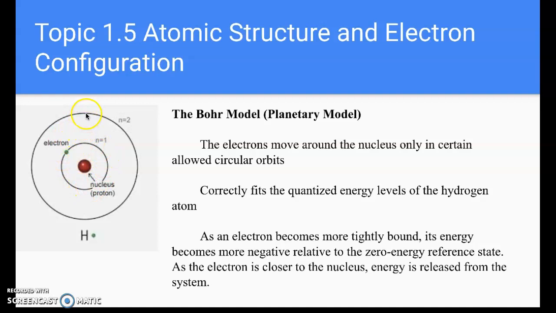An electron on the second energy level is farther away from the nucleus, so it's going to have more energy. So what this boils down to is if you have electrons that are farther away from the nucleus, as in higher energy levels, they're going to have more energy.